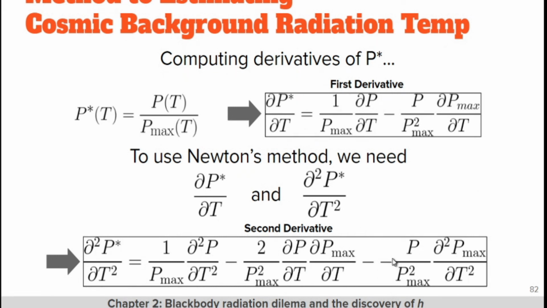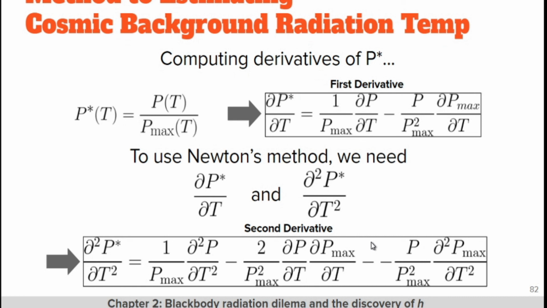It should be just 1. But this is the result when you calculate the second derivative of P star with respect to temperature. This formula is the last part of the formulation, so now we have the first derivative of P star and the second derivative of P star. So, woo! A little bit of work there, right?